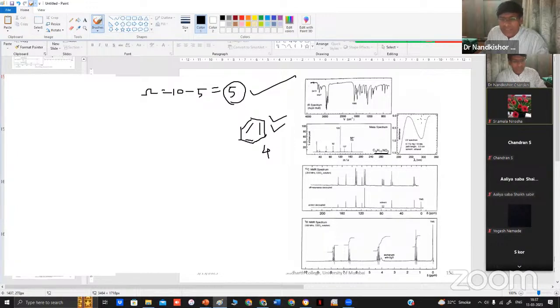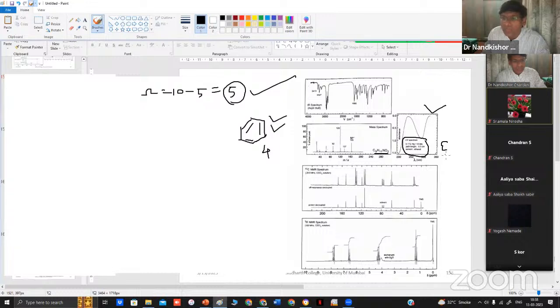Now let's see the UV spectrum. From the UV spectrum, I told you how to calculate the epsilon value. This epsilon value can be easily calculated from the molecular weight times absorbance, upon concentration and path length. From the epsilon value, you will come to know whether there is extended conjugation or not.